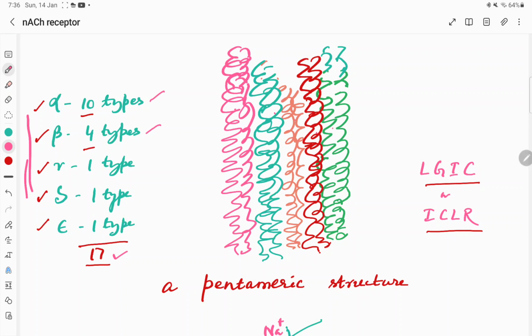Mostly alpha and beta are part of the receptor, and in some cases only alpha. Maximum 4 of them are involved.